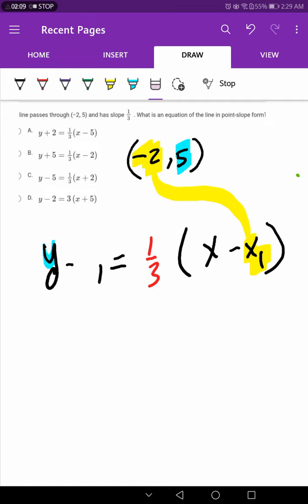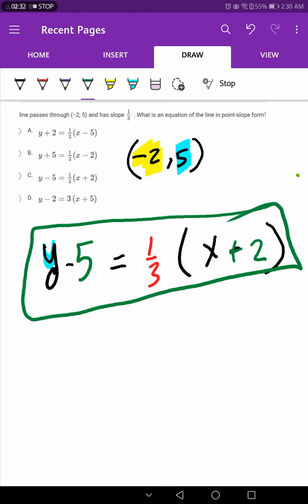Okay, this is 5. This is x1, -2, directly you write +2. We are done.